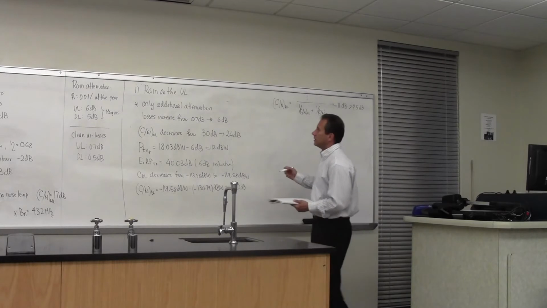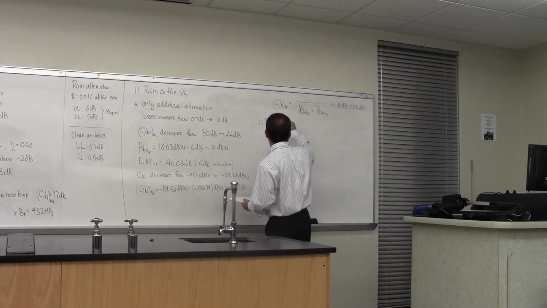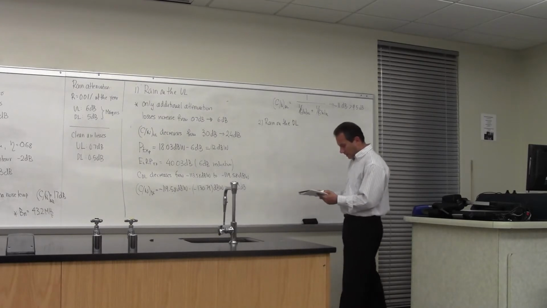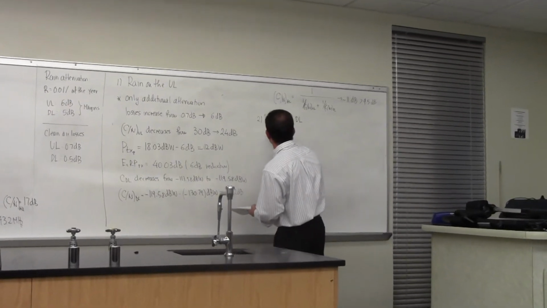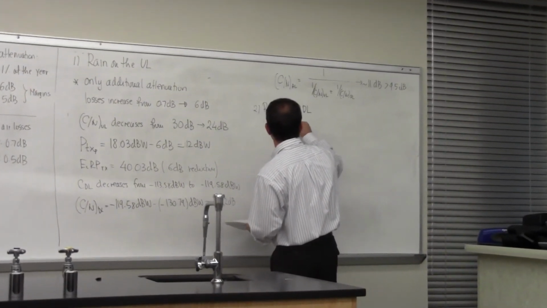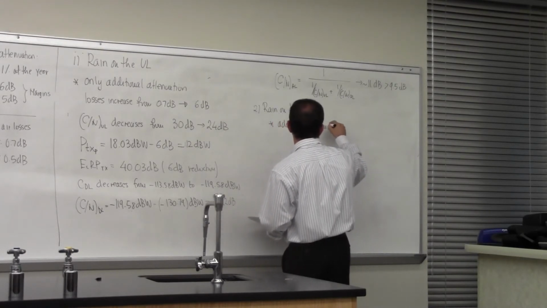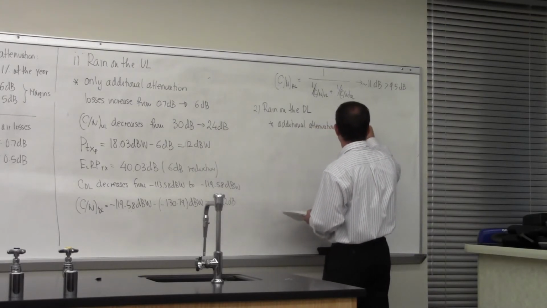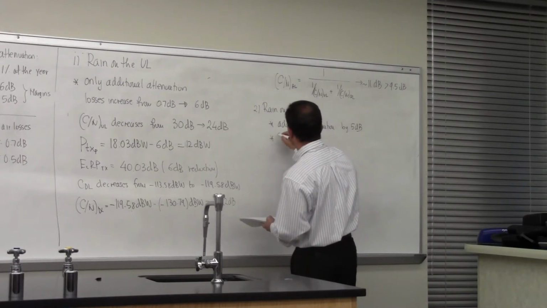Now let's take a look at rain attenuation on the downlink. Rain on the downlink. So here the rain has two effects. First, additional attenuation, that is by 5 dB, and then rain changes the temperature, the system temperature is changed.